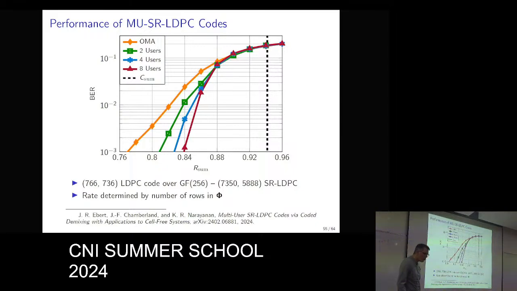So we wanted to know the performance of a multi-user scheme compared to the performance of a single-user scheme. So what do I mean by that? We've now created a multi-user scheme. One way that you could do it is through time division multiple access or frequency division multiple access.